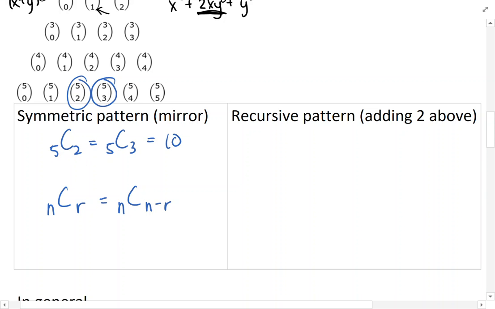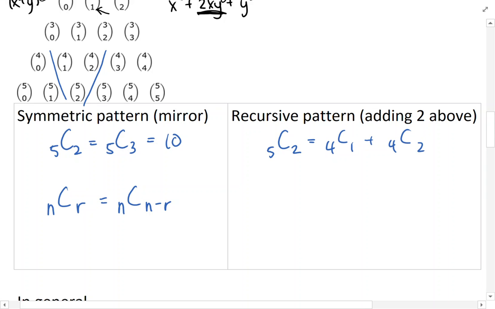Another pattern that we have is the one for how we figure out what number comes in the next row, which is the recursive pattern. So we know that the 2 numbers above will add to the number below and form a kind of triangle that way. So in our example here, 5C2 is the sum of 4C1 and 4C2.